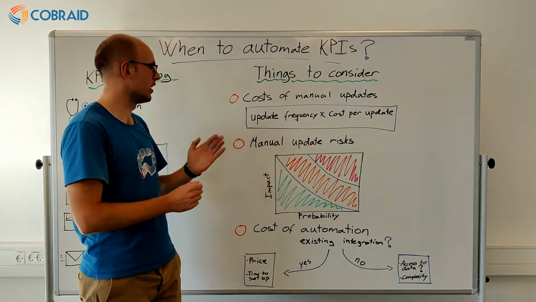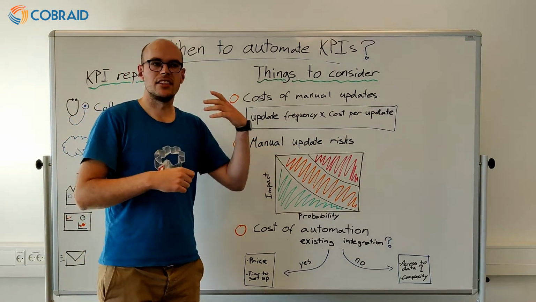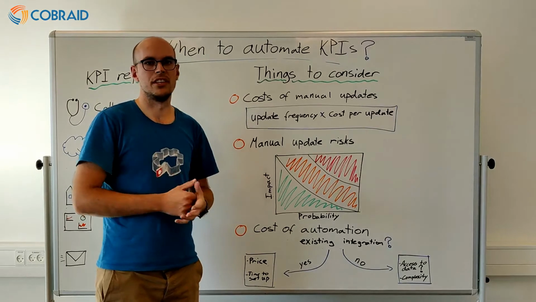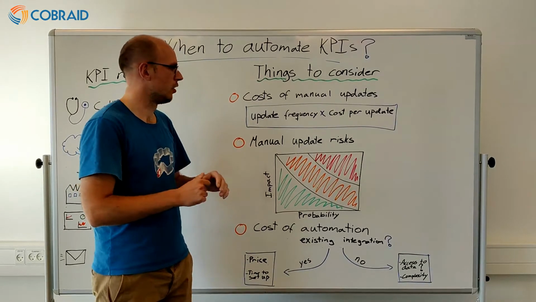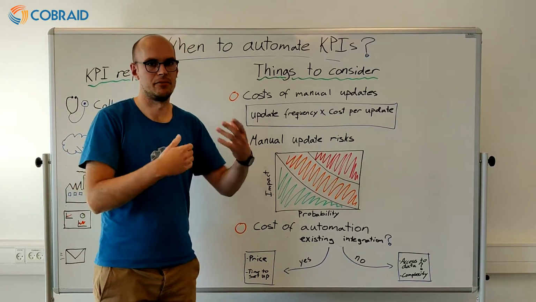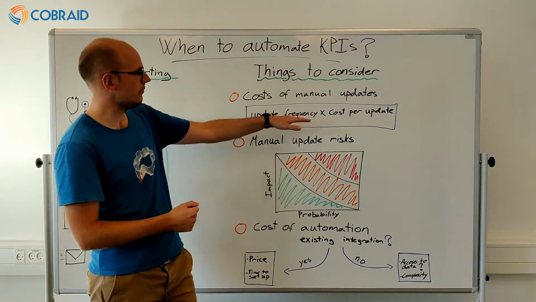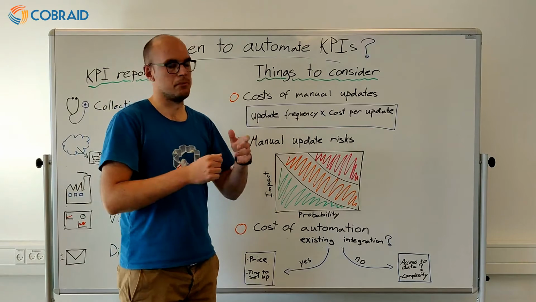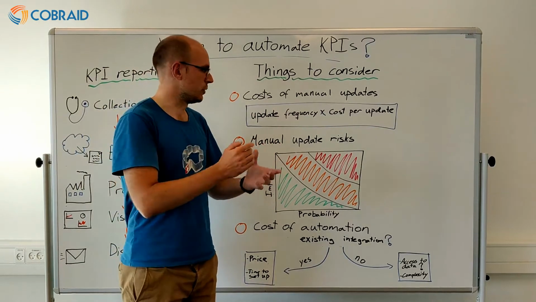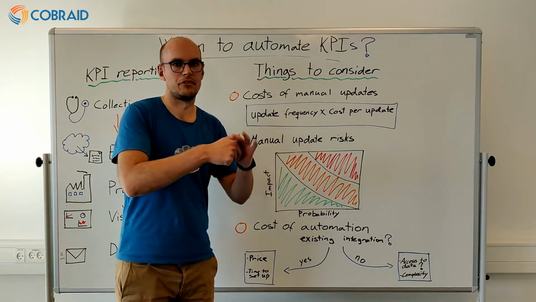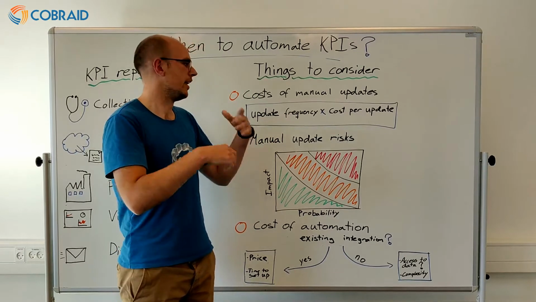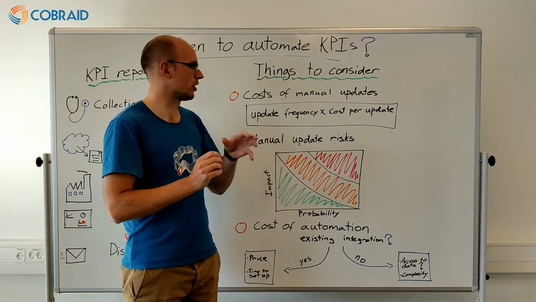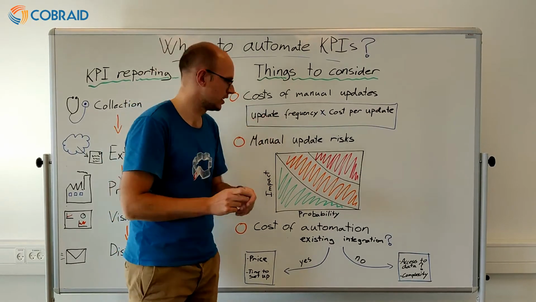And the update frequency is how often we want the data from the KPI in a report of some sorts. And the cost per update adds up from maybe we need a specialist for this, maybe we need to use a lot of hours to calculate it, and what have you. So that is the total cost per update.